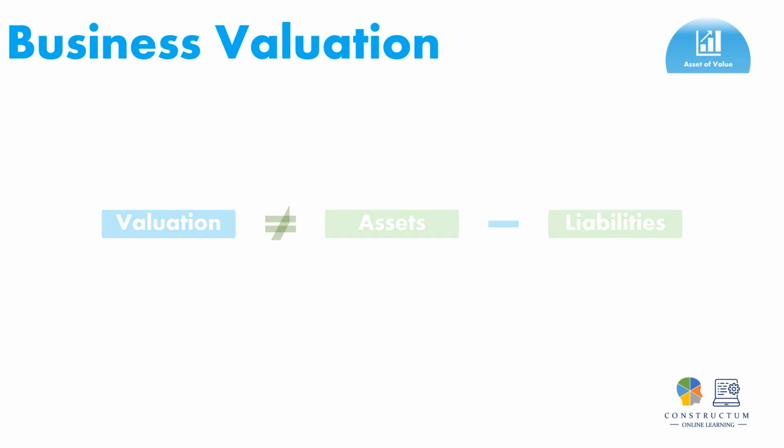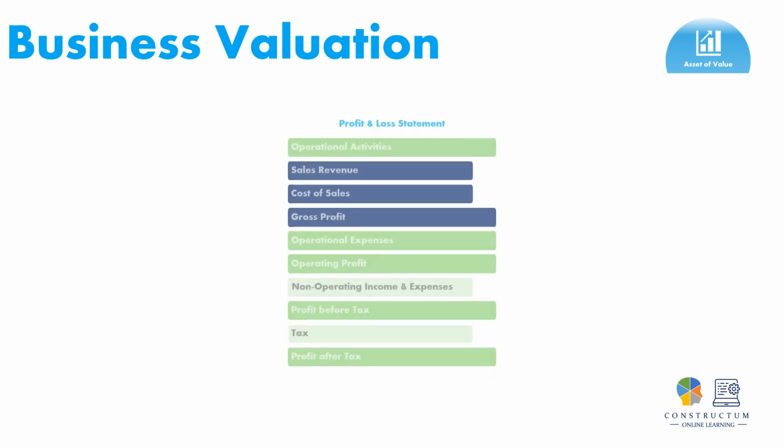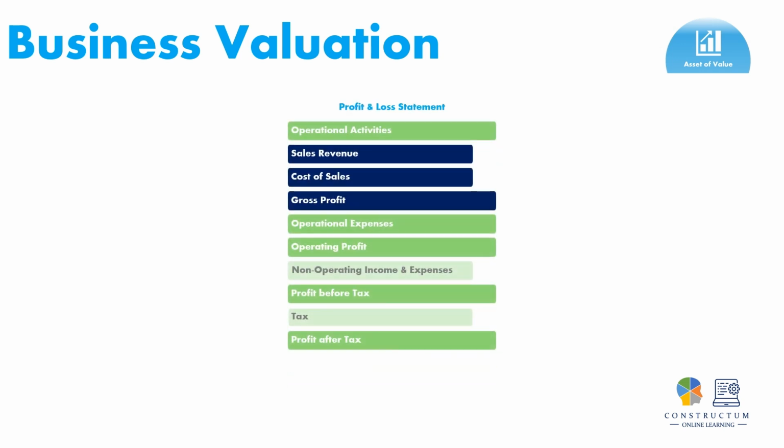The profitability multiplier method is predicated on the principle that the current value of an asset can be determined by discounting the future income that may be derived from the asset. I am sure by now you can guess that this method is based mostly on the information contained in the profit and loss statement, and more specifically, the earnings generated by the business.